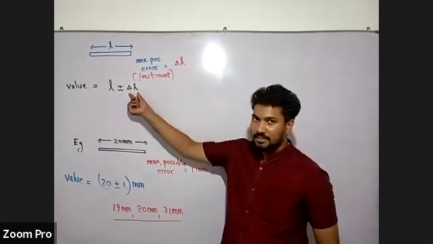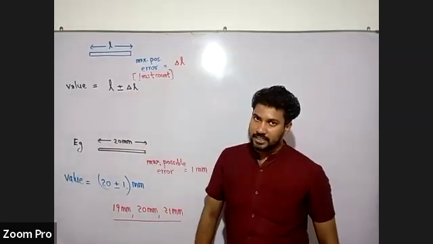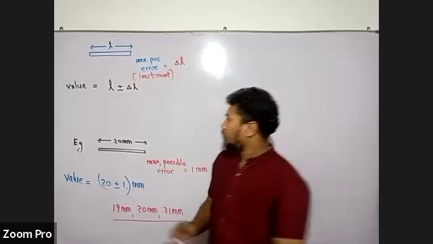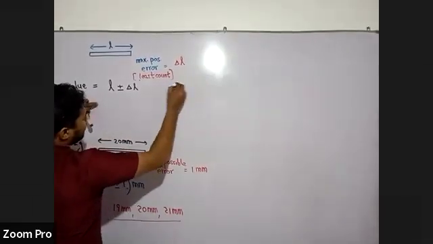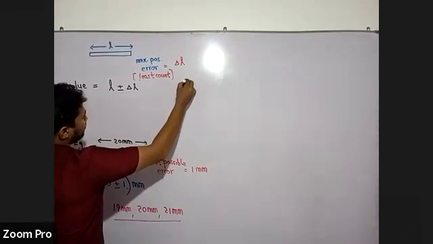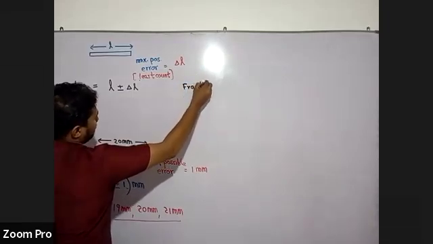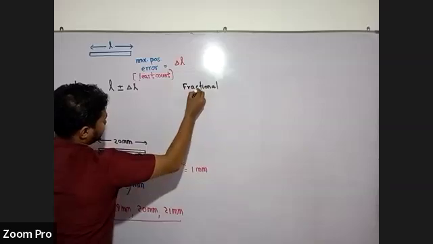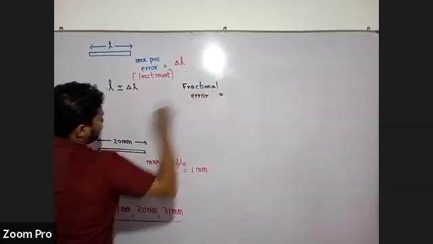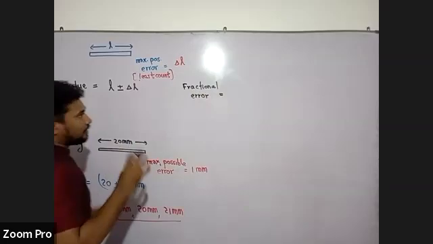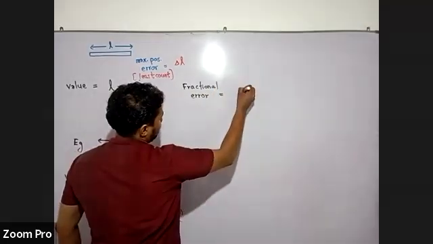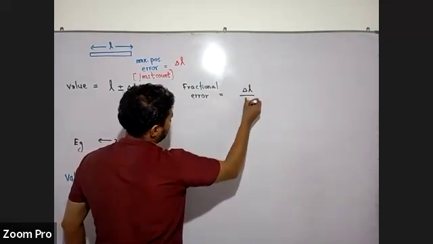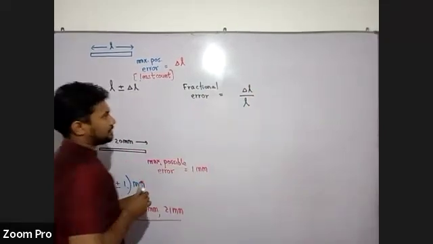So delta L means the maximum possible error or the least count, right? Okay. Now if we obtain the fractional error relevant to this measurement, fractional error means maximum possible error over measured value. This is the fractional error, guys, right?